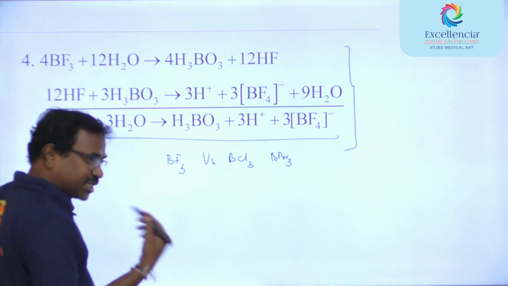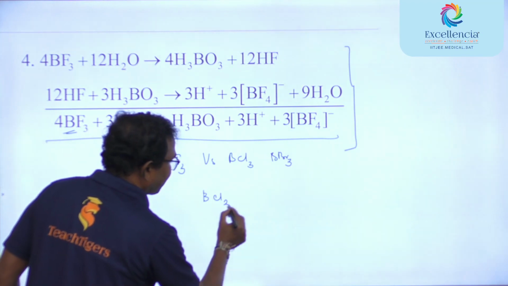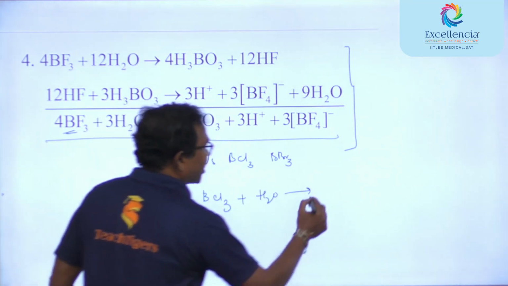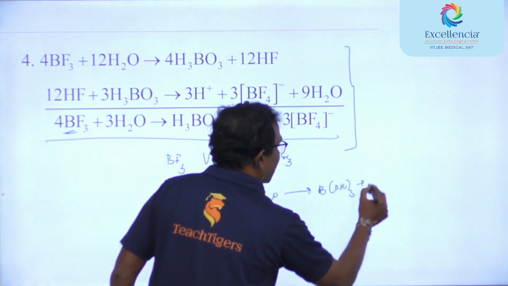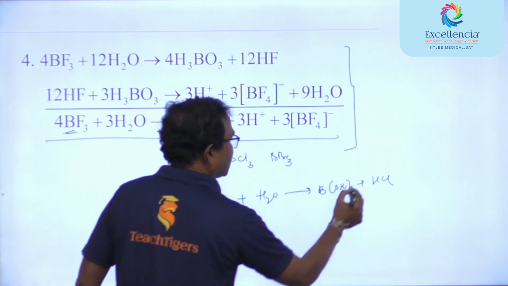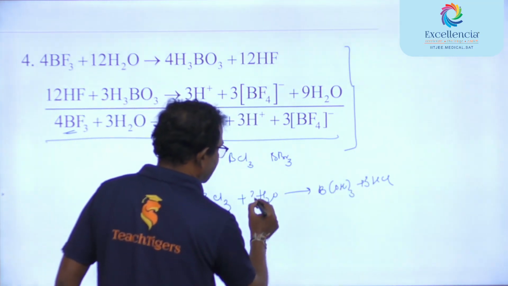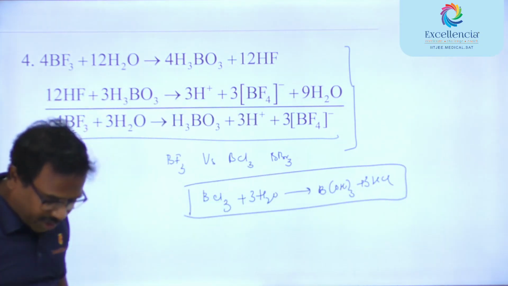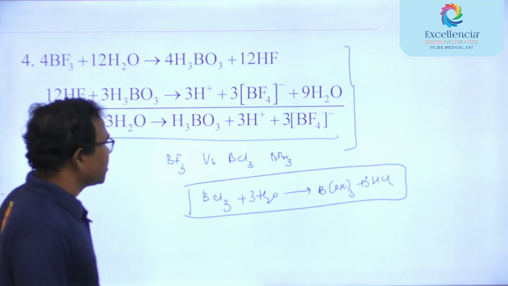Here if you see the textbook, BCl3 undergoes hydrolysis and giving rise to boric acid and of course HCl. This is 3 moles, let's balance it. 3, 6 means this. This is a very common reaction given in your textbooks, asked in your board exams, asked in most of the entrance examinations.